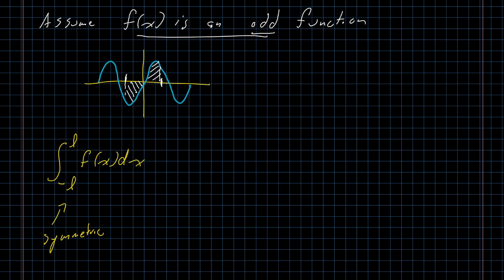Just one is above the x-axis and the other is below the x-axis. And so the part below the x-axis is a negative value, the part above the x-axis is a positive value, but it's the same value. And when you add a negative and a positive of the same value together, you get 0. That's what the definition of a negative value is.